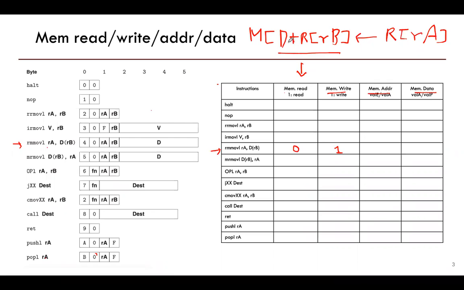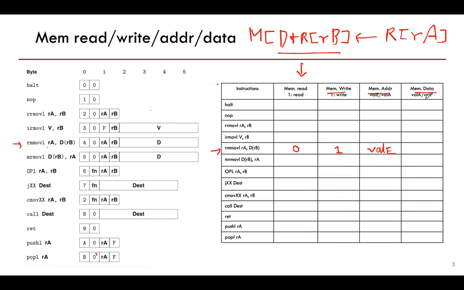So these two values, D, which is from the machine code, and the register value RB from the register file, should be computed by the execution unit. Then the output of the execution unit is val E, right? So we should select val E as the address. Val E. Okay, good.